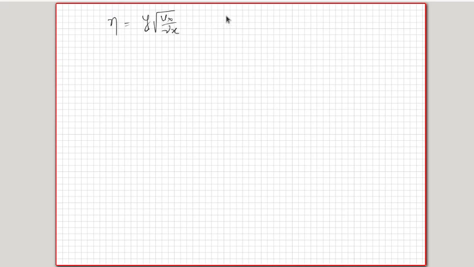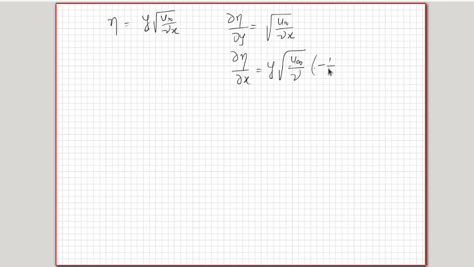So if I write ∂η/∂y, this will be equal to the square root of u∞ by νx. Okay, and similarly ∂η/∂x will be y times the square root of u∞ by ν, which is constant with respect to the partial derivative, and 1 by root x will become x to the power of minus half, so it will become minus half x raised to the power of minus 3 by 2.